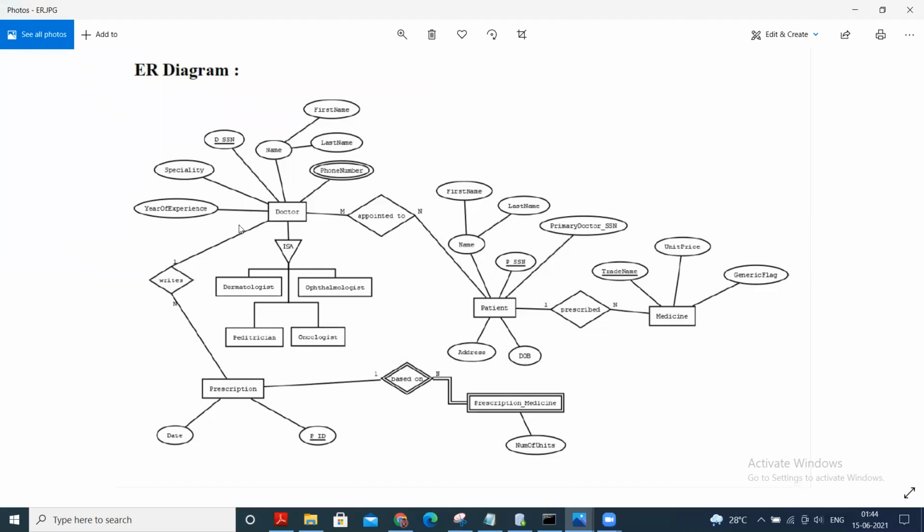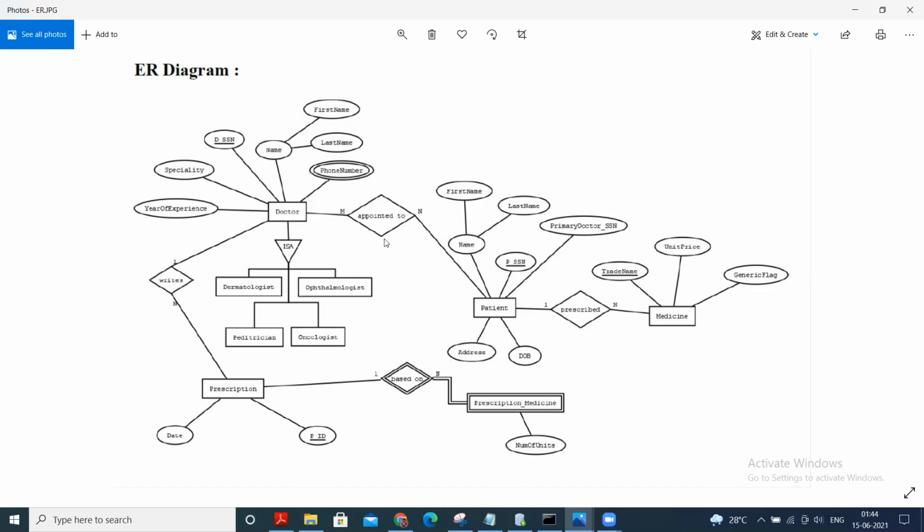The attributes of doctor are years of experience, specialty, DSSN as the primary key, name as the derived attribute, which can be derived into first name and last name, and another attribute is phone number.